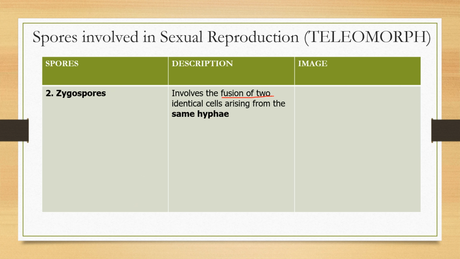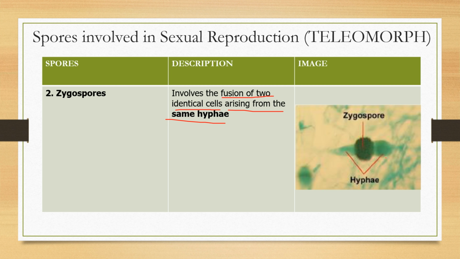So that's your ascospores. The second one would be your zygospores. Involves the fusion of two identical cells arising from the same hyphae. So ito siya. For you to understand, this is the hyphae class. What happens is that one cell would grow here at this side and another fungal cell would grow here at the other side. They would combine, forming a zygospore.